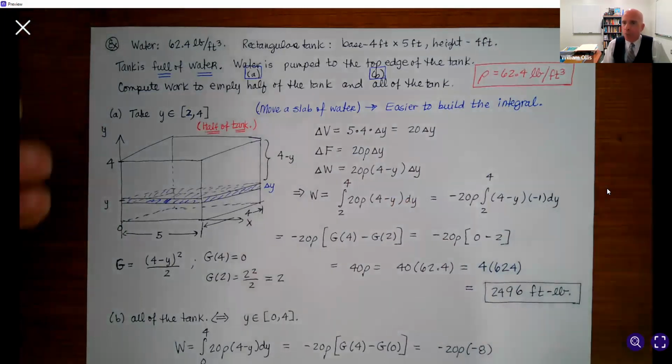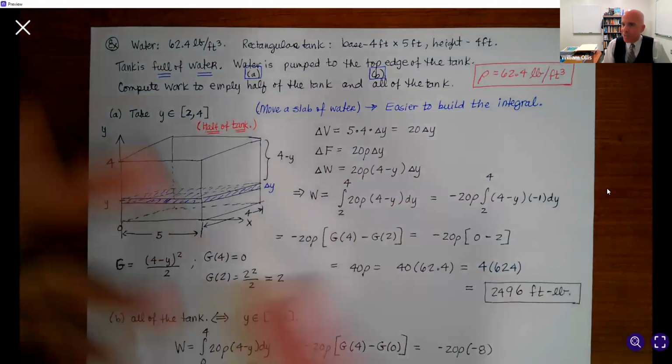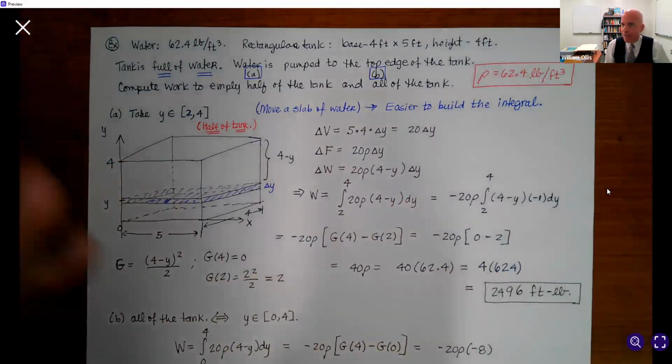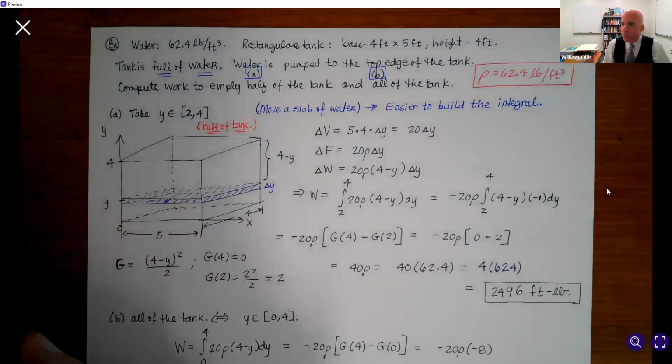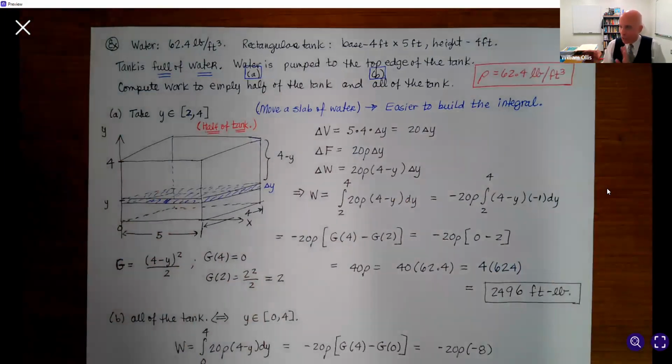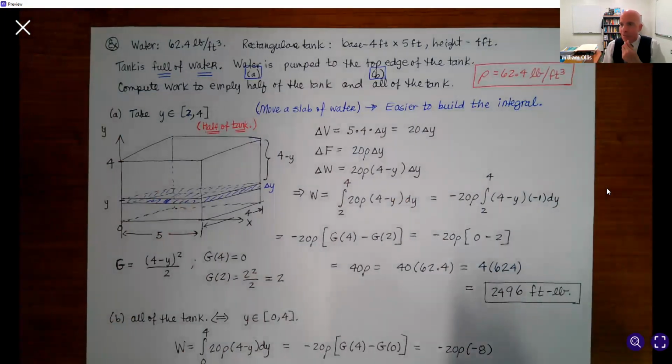Now, of course, WebAssign may say calculate exactly, no approximation, or they may say round to a certain number of decimals. We always go to the exact, and if we have to substitute some numbers, like 3.14 for pi, we make sure that we don't truncate things.